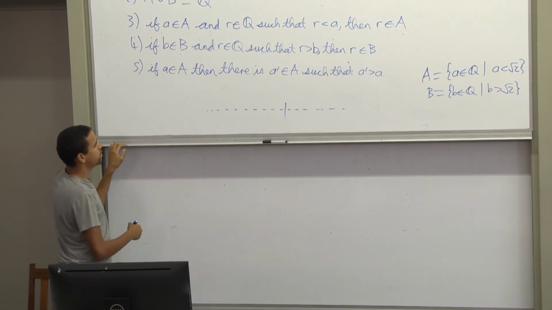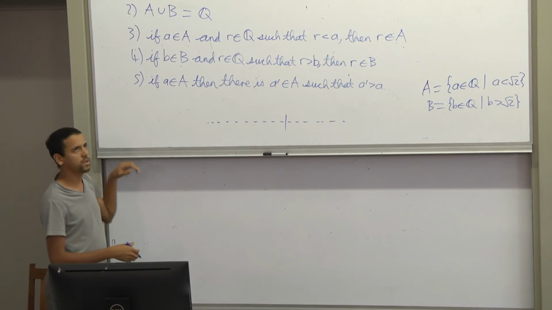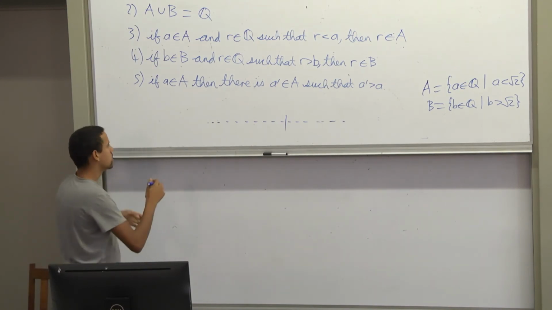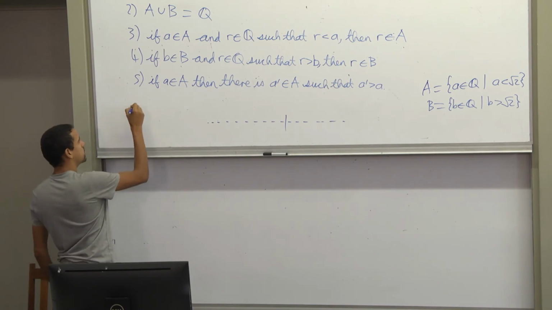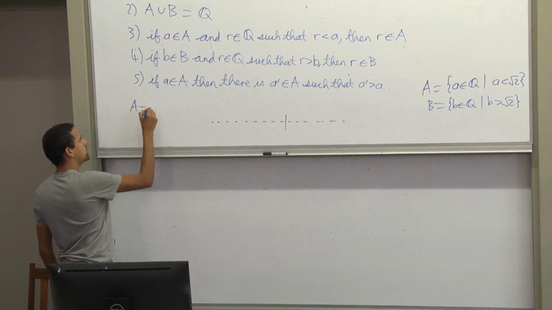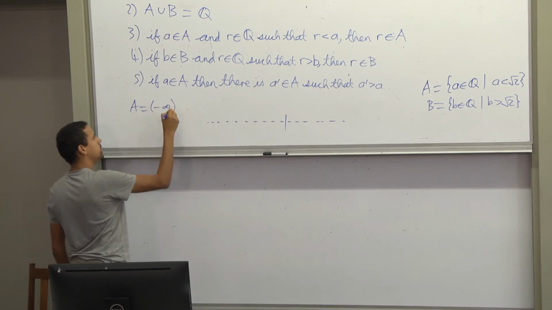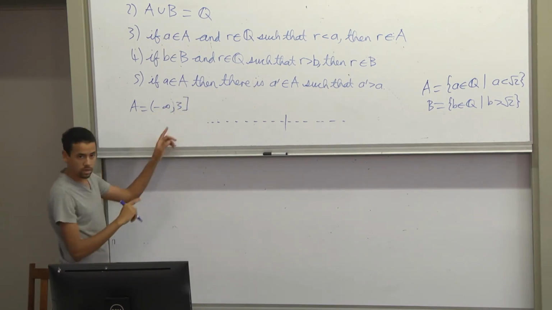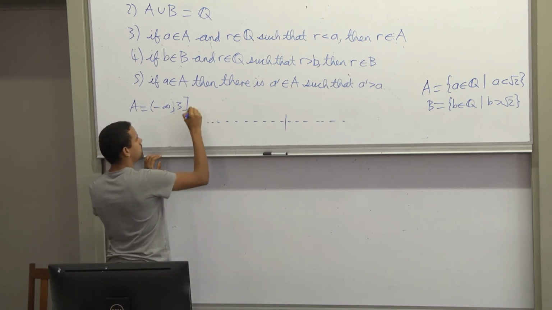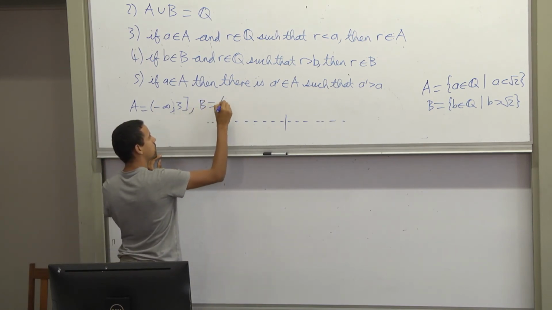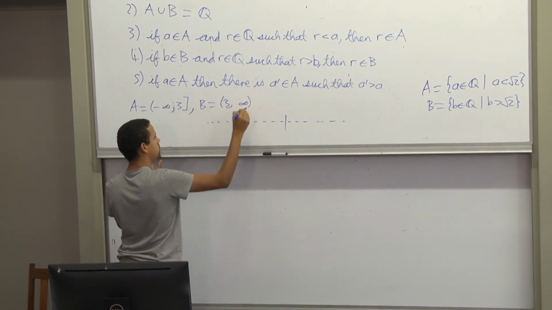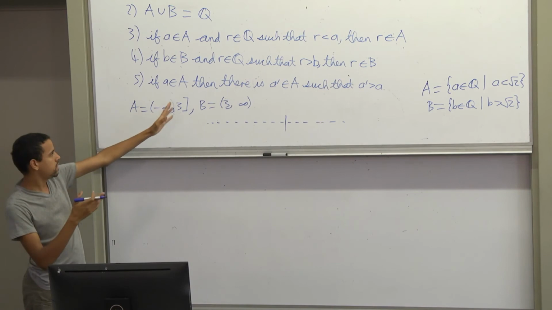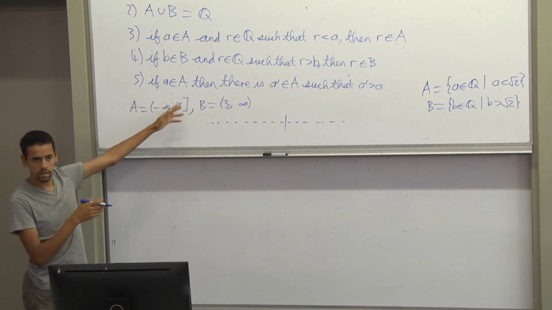If I want to have the rational number 3, I could have my Dedekind cut be A is everything from -∞ up until 3, including 3, and B is everything from 3 to positive infinity. So that's one possibility of a Dedekind cut that defines the number 3.